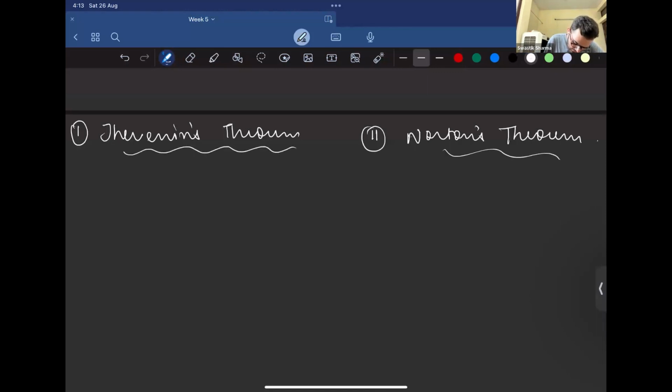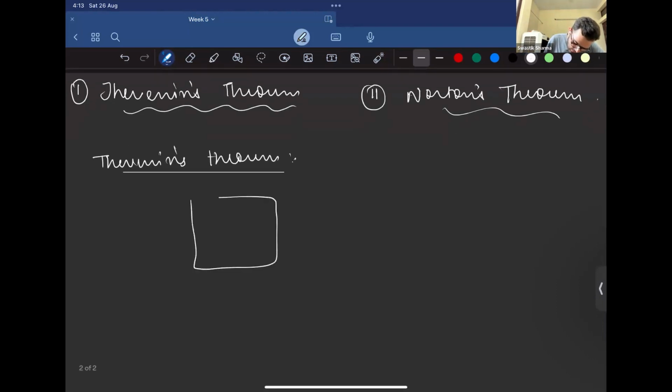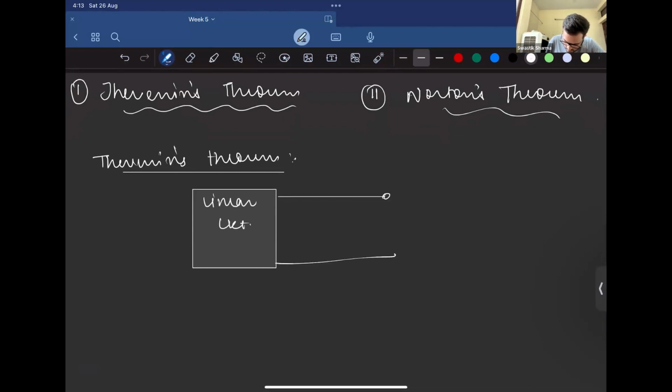Let's say we are looking at Thevenin's theorem. If I have a two-terminal circuit which is supplying some varying load, this resistor with an arrow on top of it means that my load can vary.